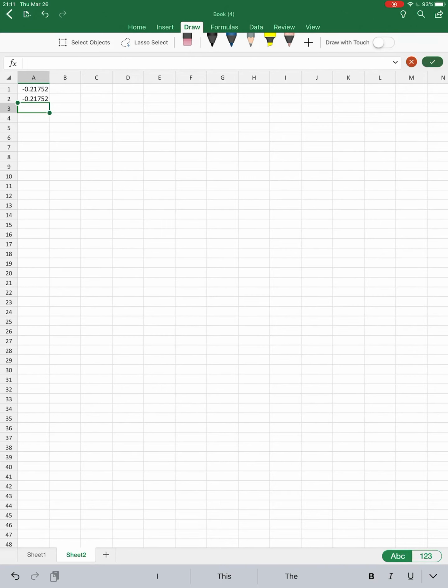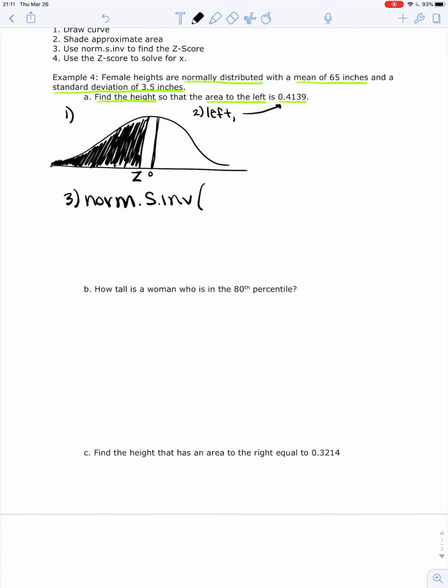Luckily for us with this first example, we have the area to the left. Oh, it's almost like I did that on purpose. I did. So we get a z-score of negative 0.21575. Numbers, they're getting flipped around in my brain. So coming back here, let me write this down real quick.